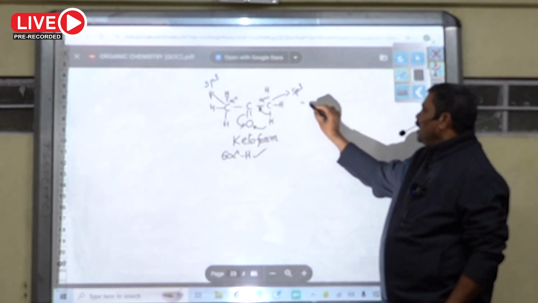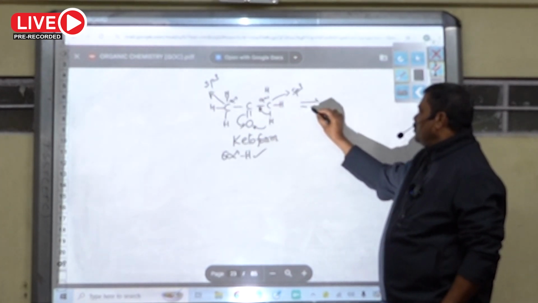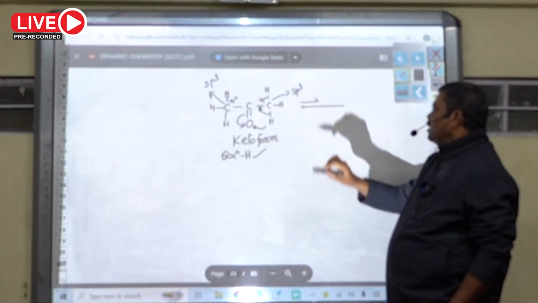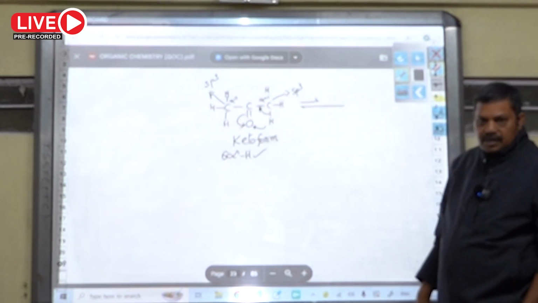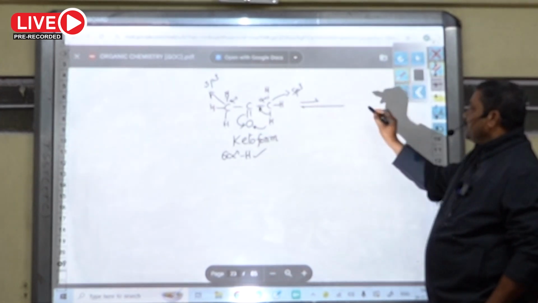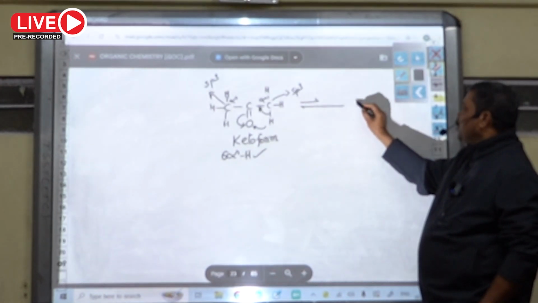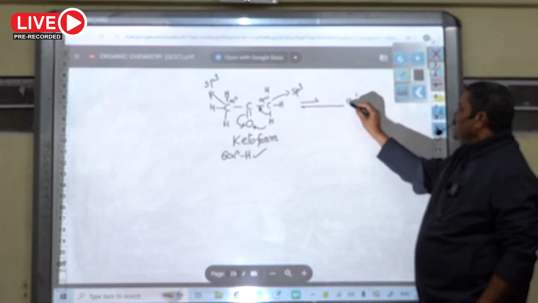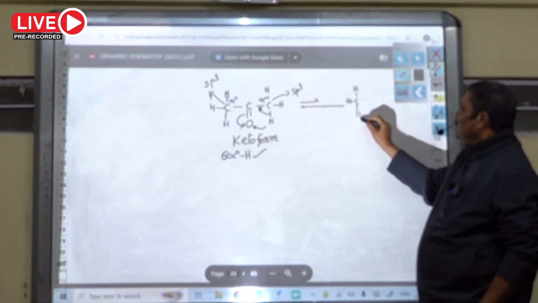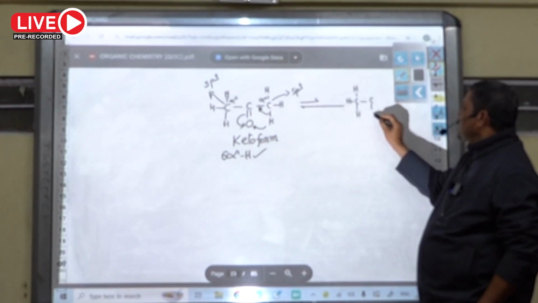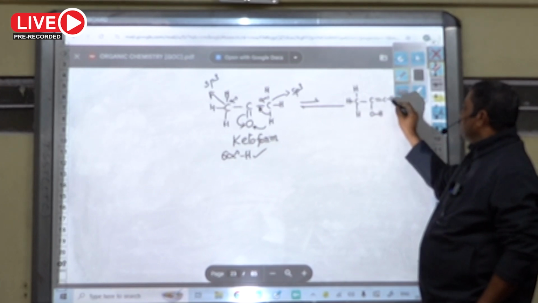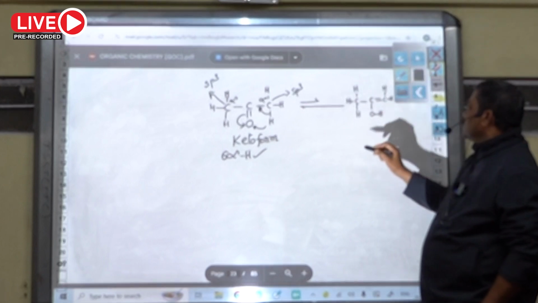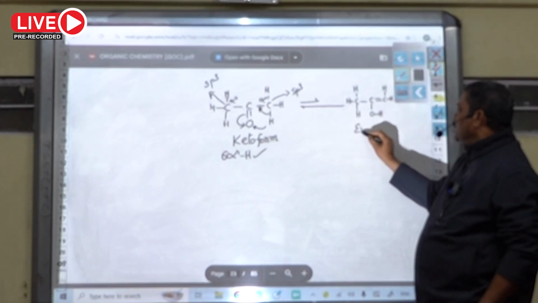Here we write a small arrow towards the enol form and a big arrow towards the keto form, because usually the keto form is more stable. So the resulting compound is CH3, C(OH), double bond CH2. This is enol.